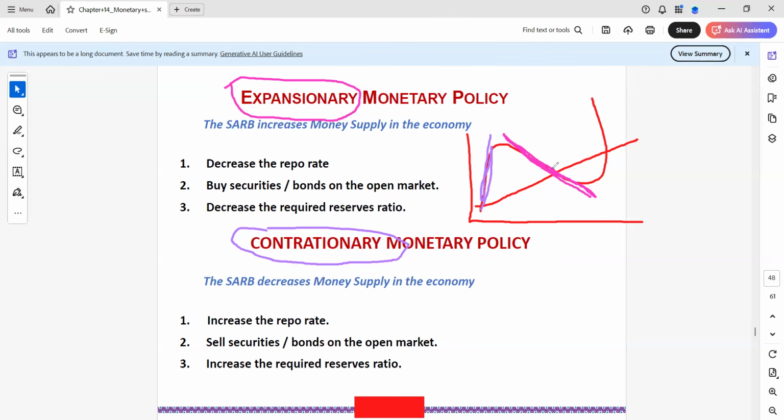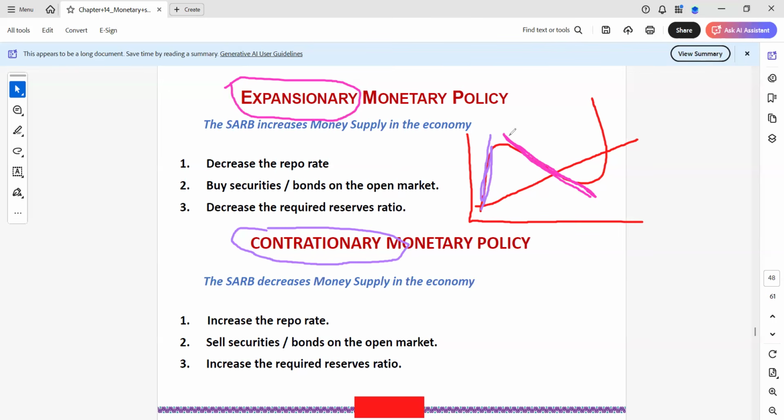The economic activities are declining. So to try and speed up the economy, we're going to use the expansionary monetary policy, so that it can speed up and reach this point again, where the economic activities start to increase.